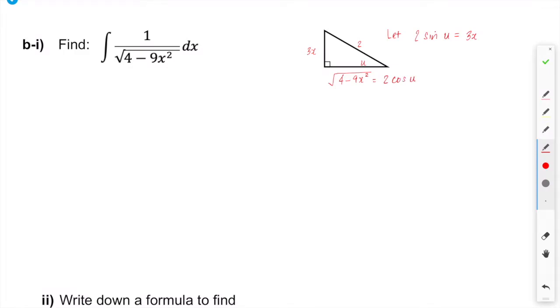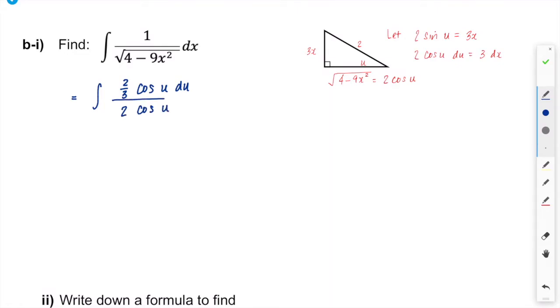The derivative of a let statement becomes 2 cos u du equals 3dx, which means that when I do the substitution, dx is 2 over 3 cos u du, and the denominator is 2 cos u.